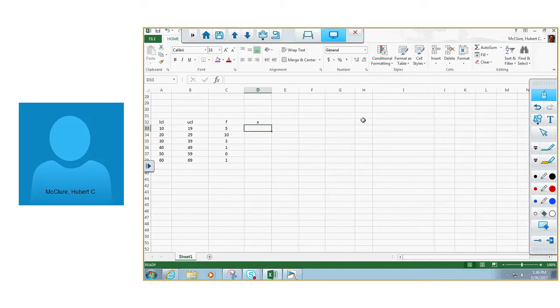All right, what's X? X is called the what? Midpoint. If you don't want to call it midpoint, call it the middle of your classes. So that's equal to, parentheses, 10 plus 19 divided by 2. Copy that down.